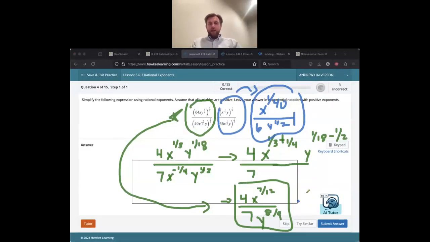Now you multiply the two things, you get x to the 1 over 40 over 6y to the 1/2. Oh, I'm sorry, not 1/2, 1/4. Made a mistake there. It's not 1/2, it's 1/4.